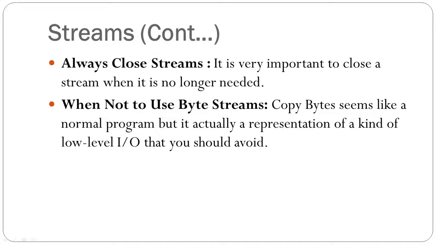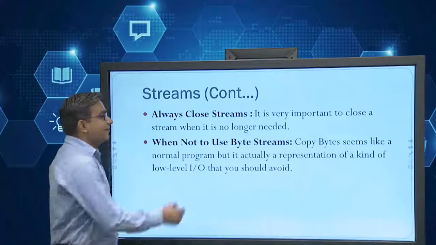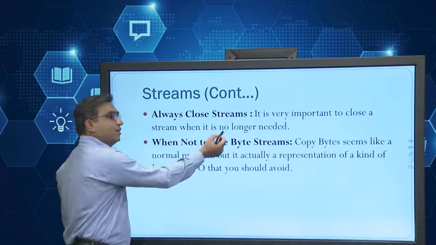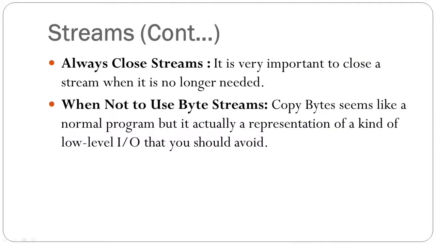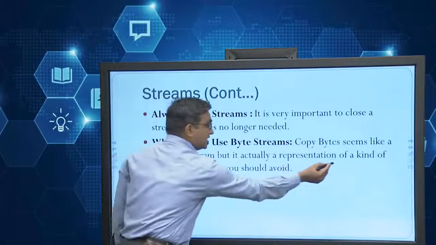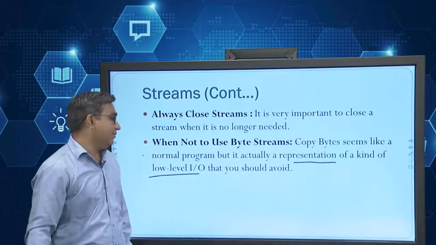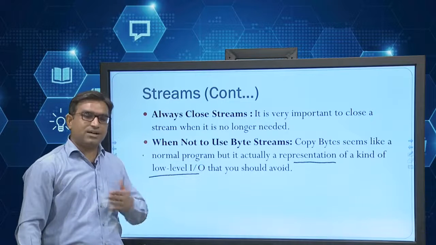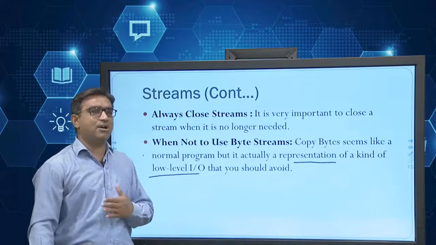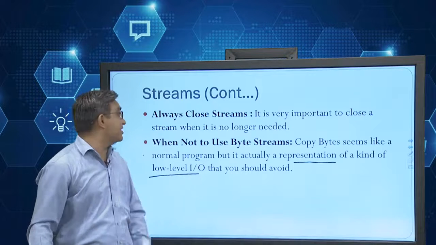Now, always close your stream; it is very important to close the stream when it is no longer needed. When not to use a stream? Copy byte stream is like a normal program and an actual representation of low-level input output, so we can avoid file operations when we have to do normal data operations.